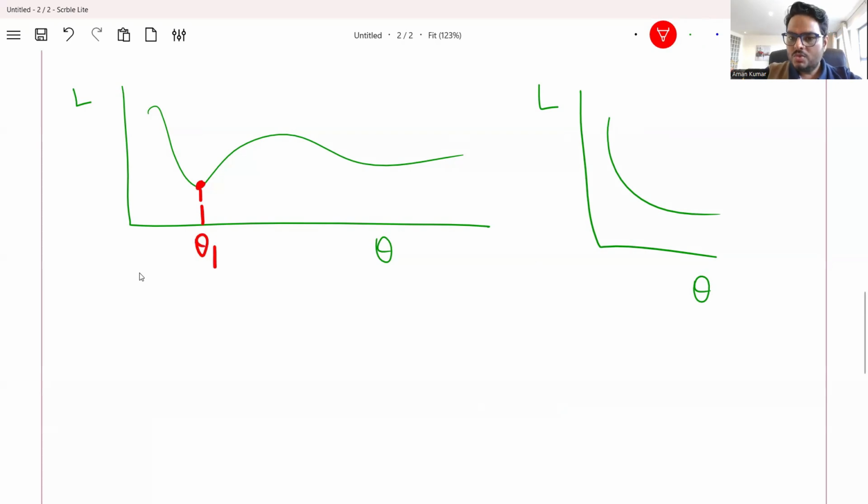What we are trying to do, we are trying to minimize the loss by optimizing, adjusting the parameter value.